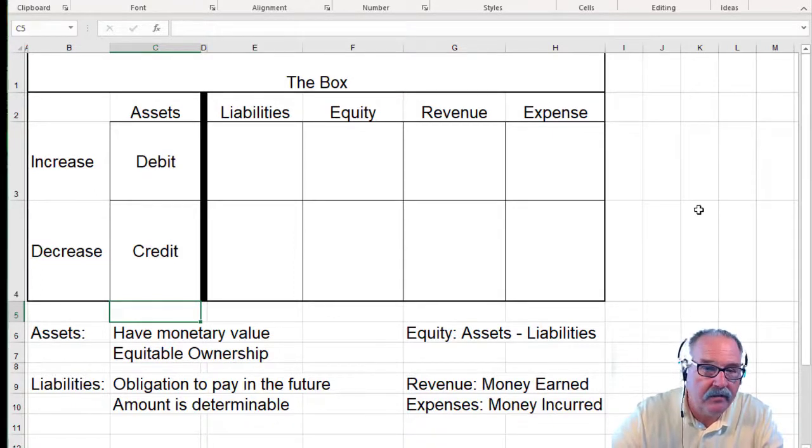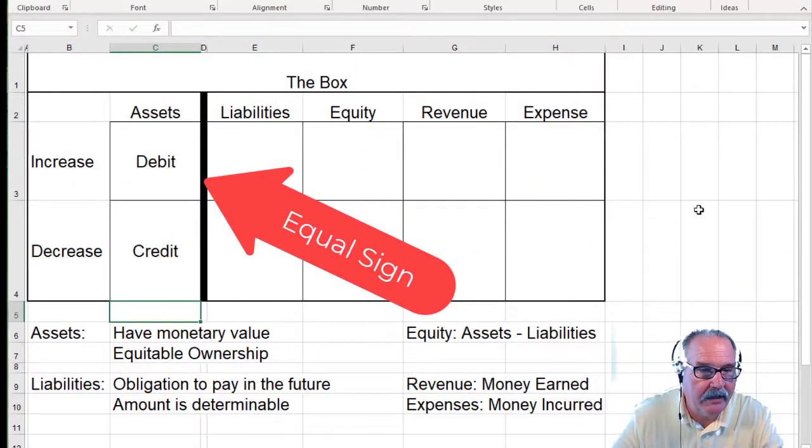Cash in a bank account, accounts receivable, supplies, equipment, furniture, computers, whatever it is, these are assets that have value and we own them. And they all go up with a debit. All assets work exactly the same.